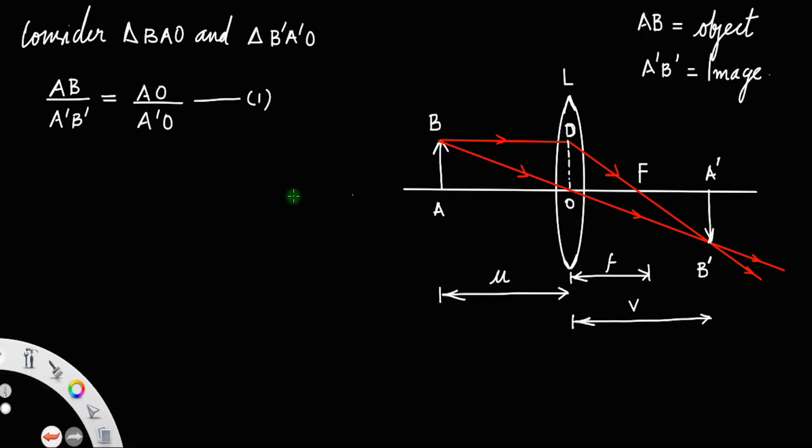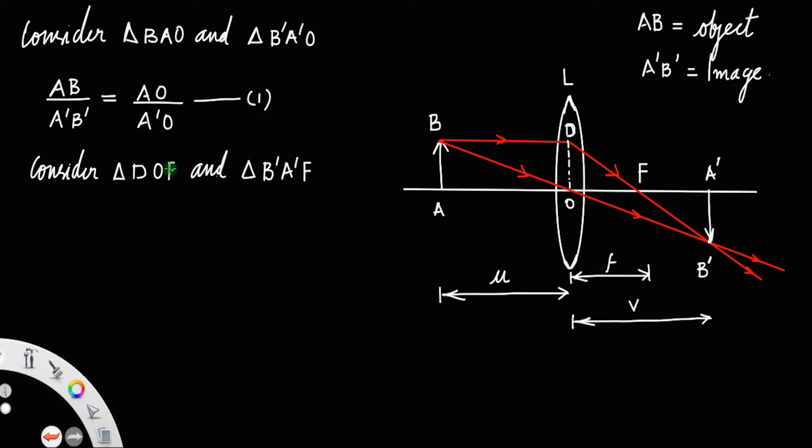Similarly, consider these two triangles: triangle DOF and triangle B dash A dash F. You know these two triangles are also similar.